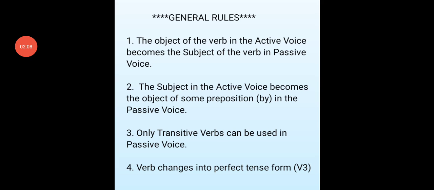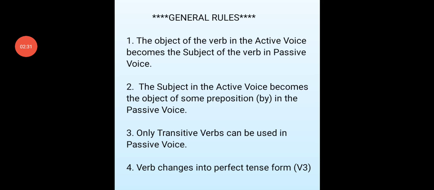Now, come to general rules. The object of the verb in the active voice becomes the subject of the verb in passive voice. जो object of the verb होता है, because you know very well when you write a sentence, then three things are required: subject, after that verb, after that object.